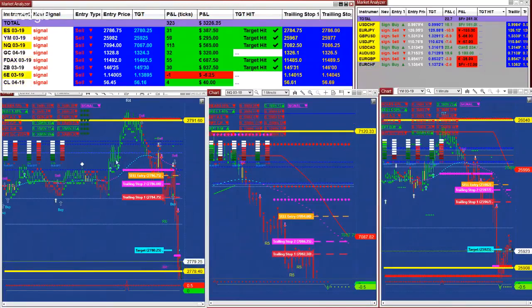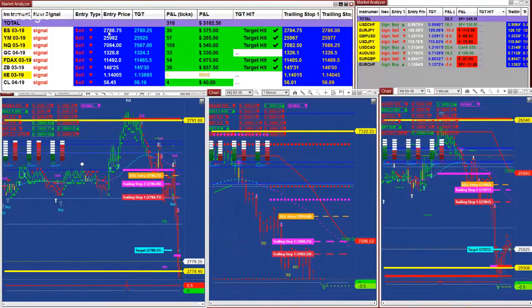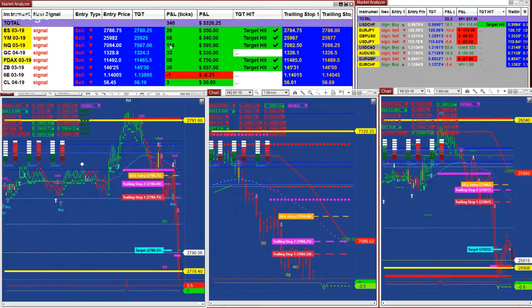So right now, targets hit on all 3 charts. The ES 2786.75, target 2780.25. We hit even below that target, 30 ticks. The YM, we called it manually when we started, and on the auto trade it hit 64 ticks, and the Nasdaq hit 119 ticks.